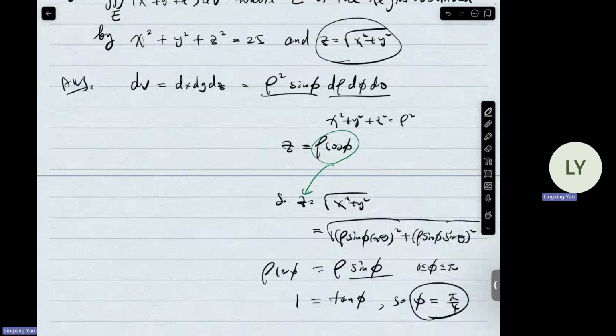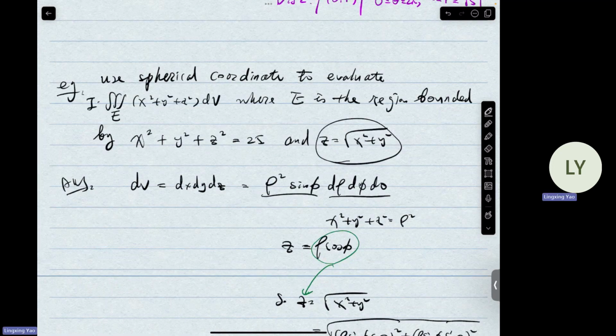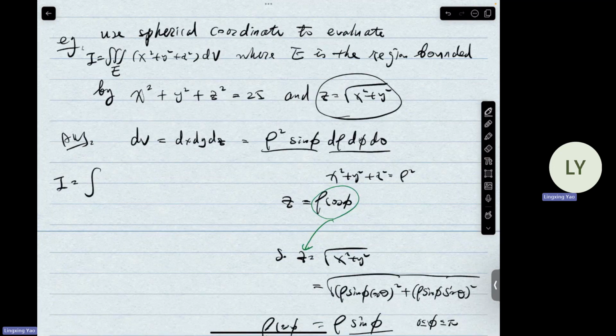Okay, so our domain is between this sphere and this cone. So the upper limit for the phi angle is pi over 4. The integral we're setting up here, let me call it I. So I is what? Theta is between 0 and 2 pi, phi is between 0 and pi over 4, and rho is between 0 and 5 because of the radius of the ball we are looking at.